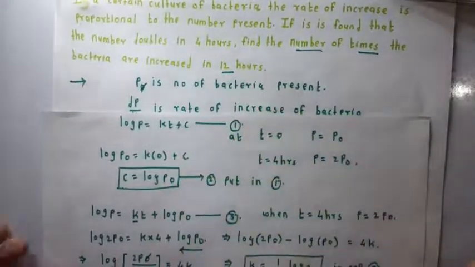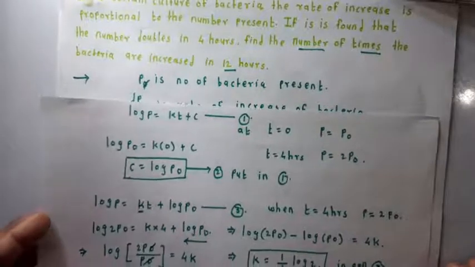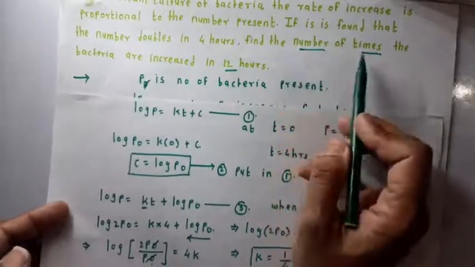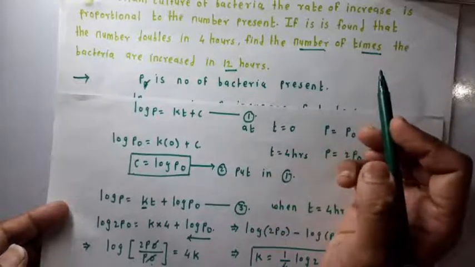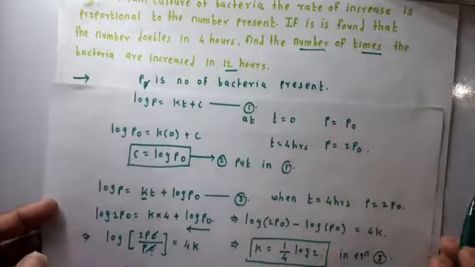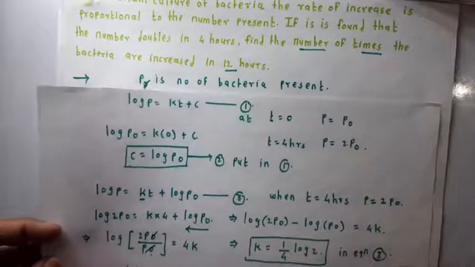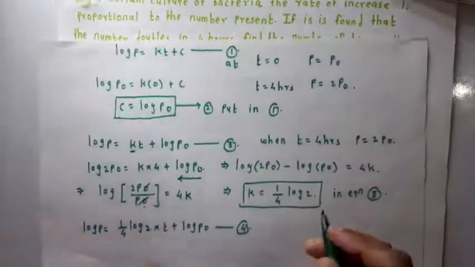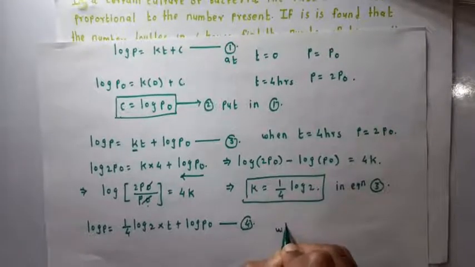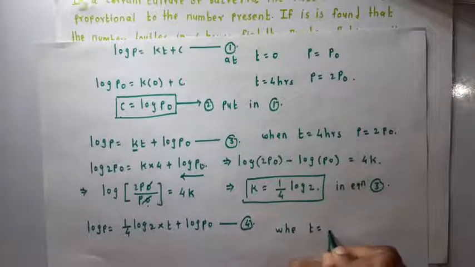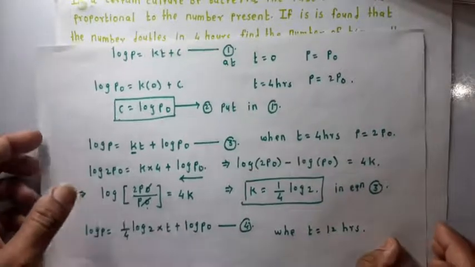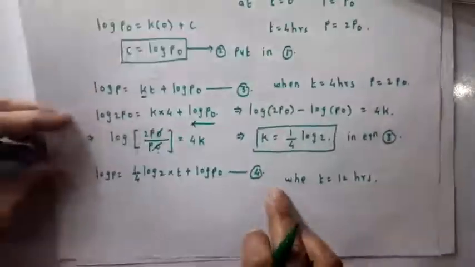So after 12 hours, how much bacteria, means find the number of times the bacteria increase. That we have to find out. So when T equals 12 hours, put in equation 4.